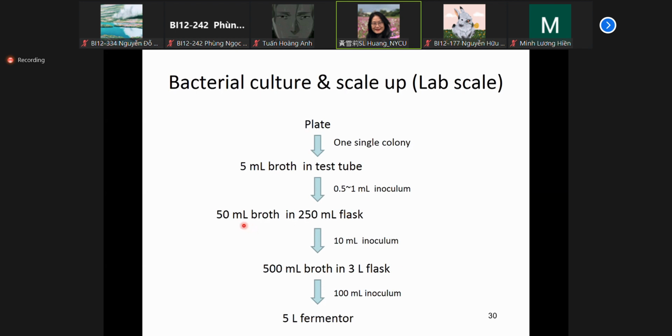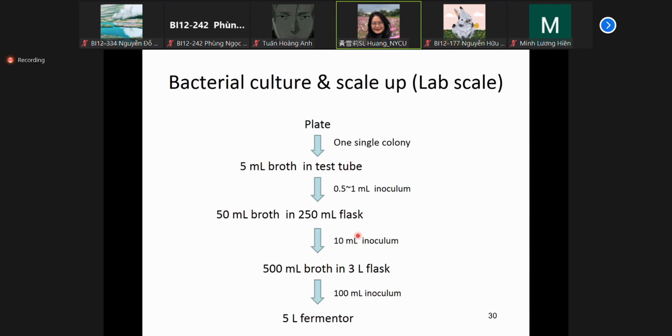Another concept we normally use: if we use a flask to cultivate bacteria in broth, the ratio of the broth to the total volume of the flask is about 1 to 5. So normally we will not use half of the flask volume for the culture suspension, because I will talk about this later.